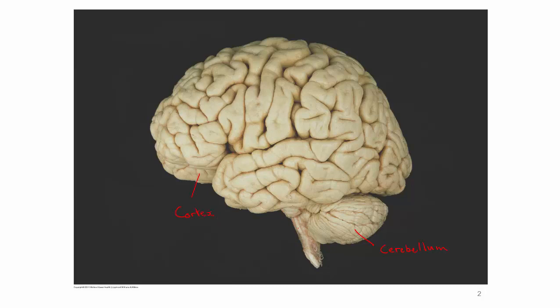Here we have a view of the brainstem itself. And then eventually the brainstem will be joined to the spinal cord itself, which will continue down through the foramen magnum to the rest of the body.